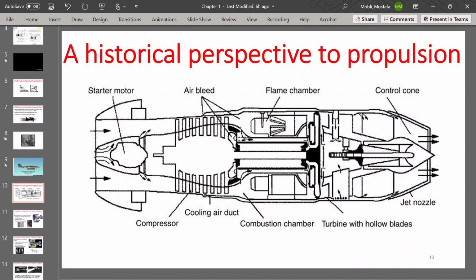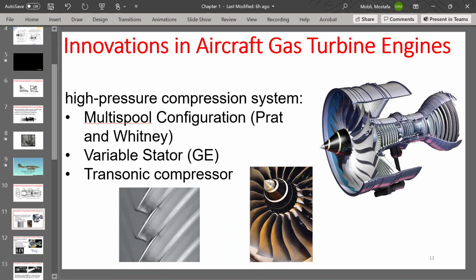This is just a little bit of history, and afterwards, there have been many innovations in the jet engine industry, but the operating basics of a jet have remained the same, haven't changed that much. What are the types of innovations that we have seen in the past years?